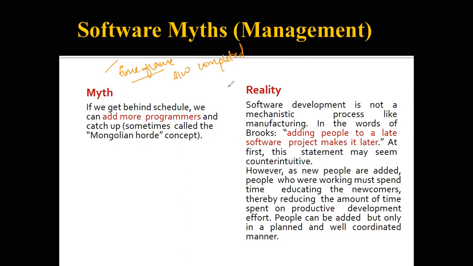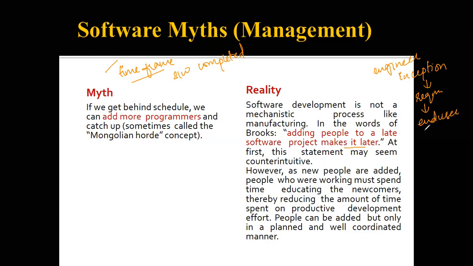This is a myth. Whereas in reality, adding people to a late software project makes it later. If a particular engineer is involved in the development of the project from the inception phase, that is, from the beginning, he knows the different requirements. He can interact with the end user and know what features or functions the user wants.